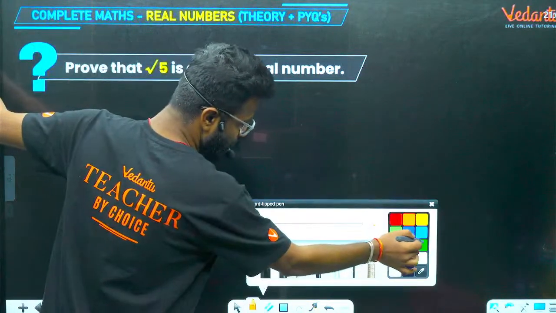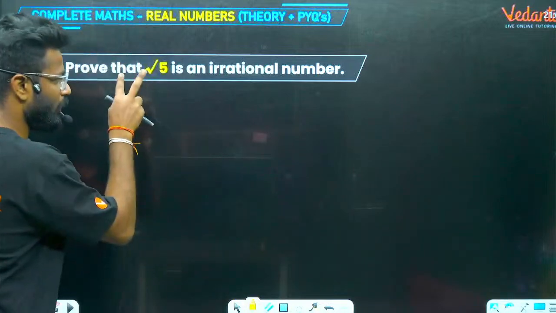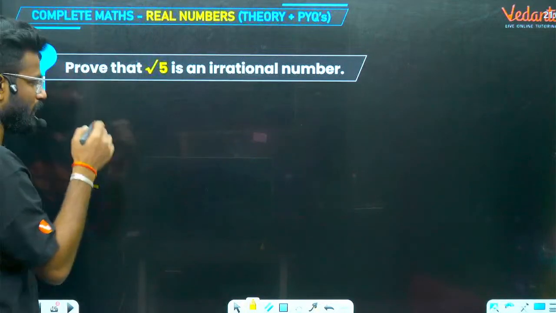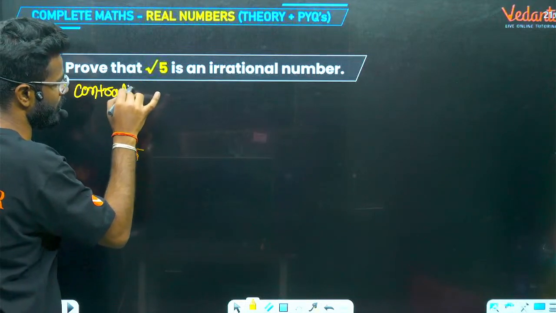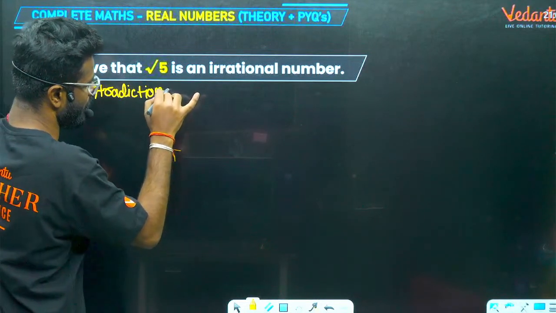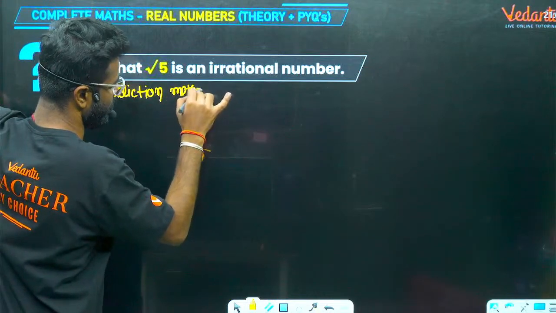If you have to prove that root 5 is an irrational number, then first of all it will always be solved by the contradiction method.